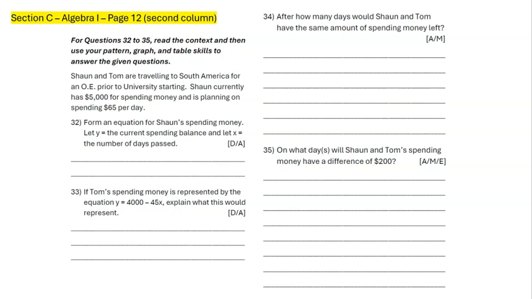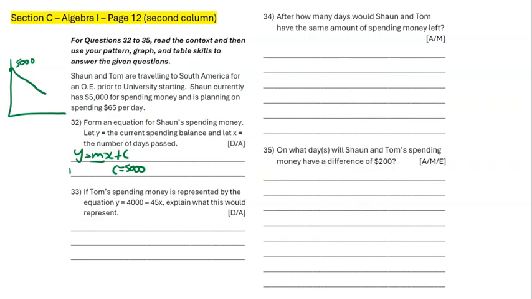So this equation here, if you think of your x and your y axes, Sean's money would start up here at $5,000, right? And it would slowly go down as he spends his money at $65 per day. So that $5,000 is actually going to be your y-intercept. So if you think of the equation y equals mx plus c, c is going to be $5,000, the amount of money he starts with. m is going to be the gradient, the rate of change.